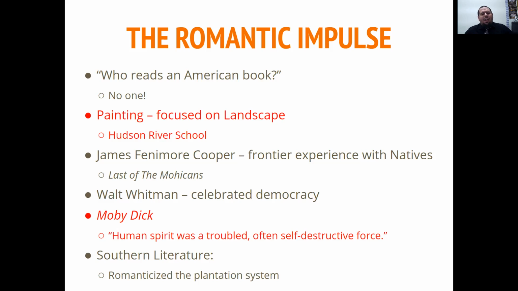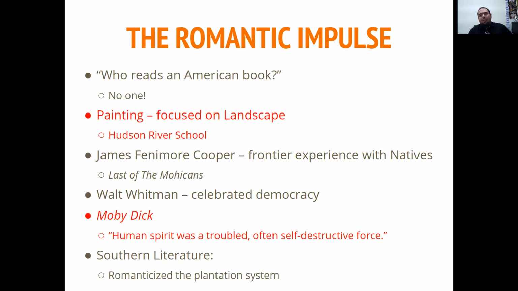One of the first American authors is James Fenimore Cooper, and he wrote about his frontier experiences with the natives. He wrote a book called The Last of the Mohicans. You also have Walt Whitman, another early American author who celebrates democracy. You also have one of the more famous American novels, Moby Dick, where in your book it says the human spirit was troubled, often a self-destructive force.